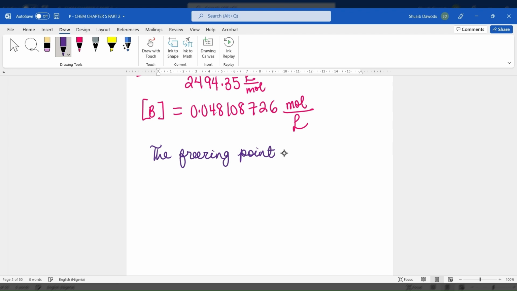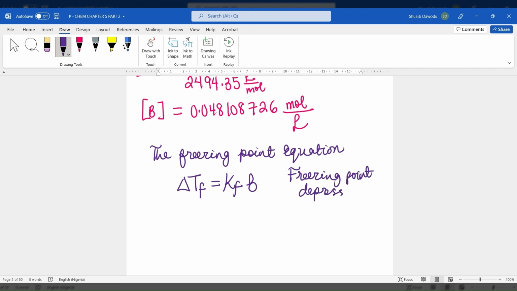The freezing point equation is simply ΔT_F is equal to K_F multiplied by B. And this freezing point equation can also be known as the freezing point depression equation.